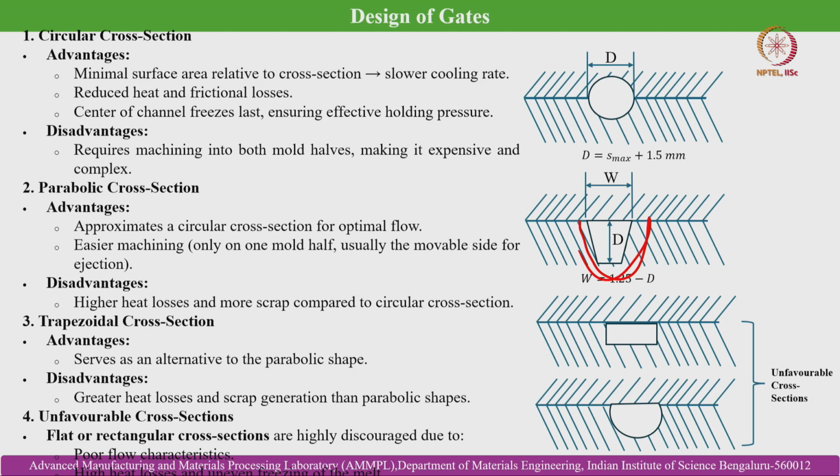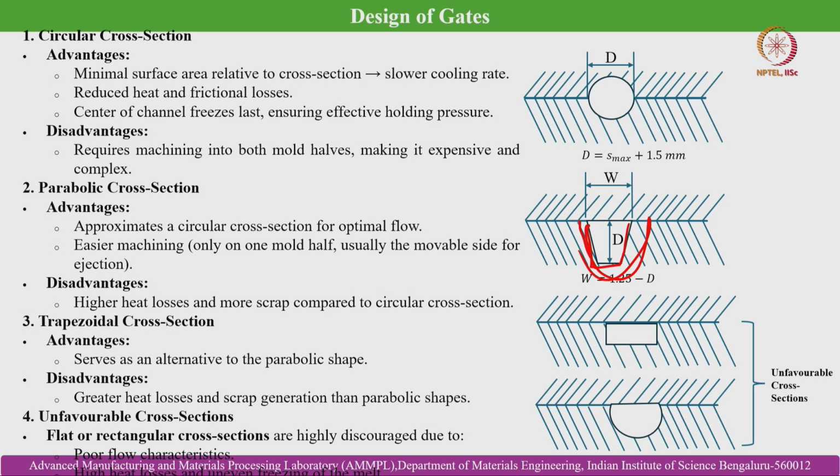And then the trapezoidal cross section, which is again an approximation of this parabolic cross section, that is shown over here. In this case the advantage is it serves as an alternative to the parabolic shape, and disadvantages are greater heat losses and scrap generation than parabolic shapes. Followed by that, there are some unfavorable cross sections like flat or rectangular cross section, which are highly discouraged due to poor flow characteristics.